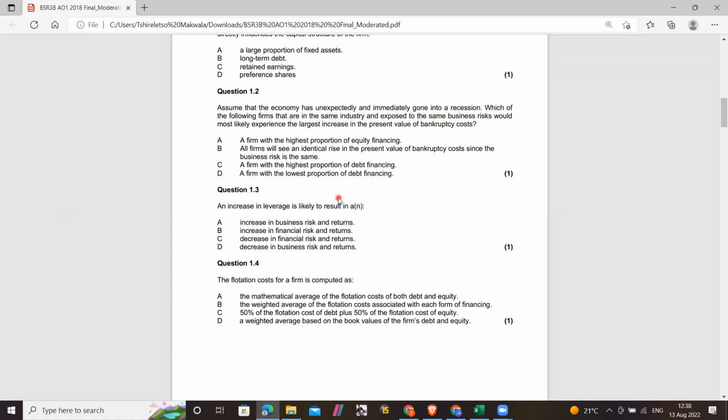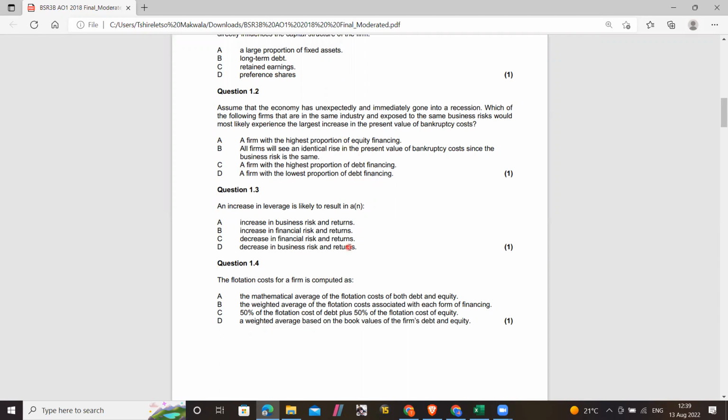Your debt holders are going to take that 10% because they want their 10%. And then the remaining amount, what does it belong to? It belongs to equity holders.